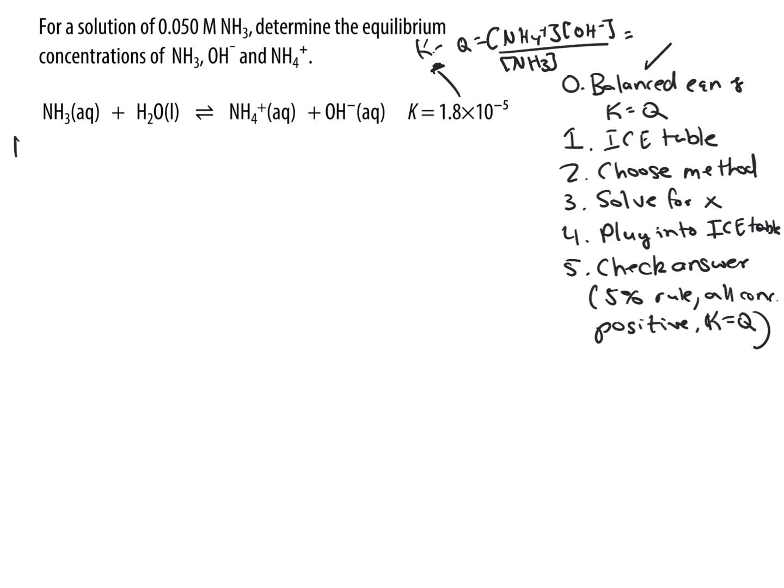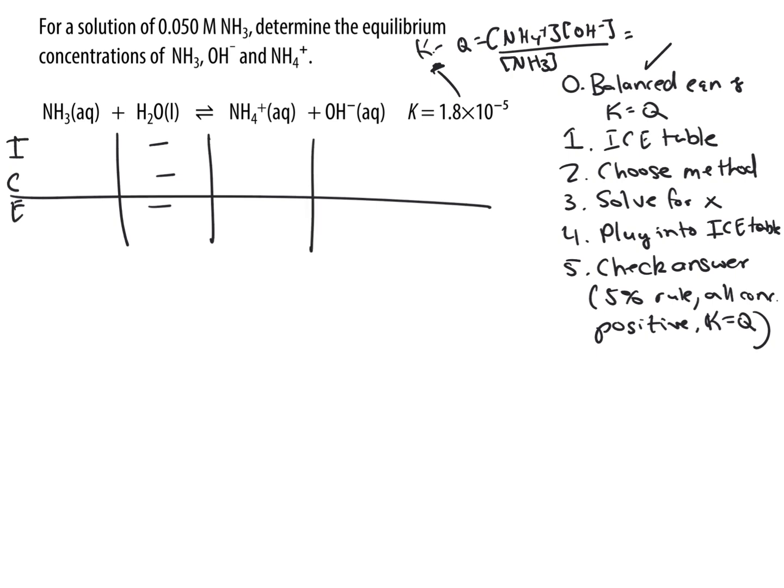Then for our ICE table, this is that common case where we have water, which we can ignore because it has a constant concentration. We start with none of the products, and we start in this case with 0.05 molar of the initial reactant.